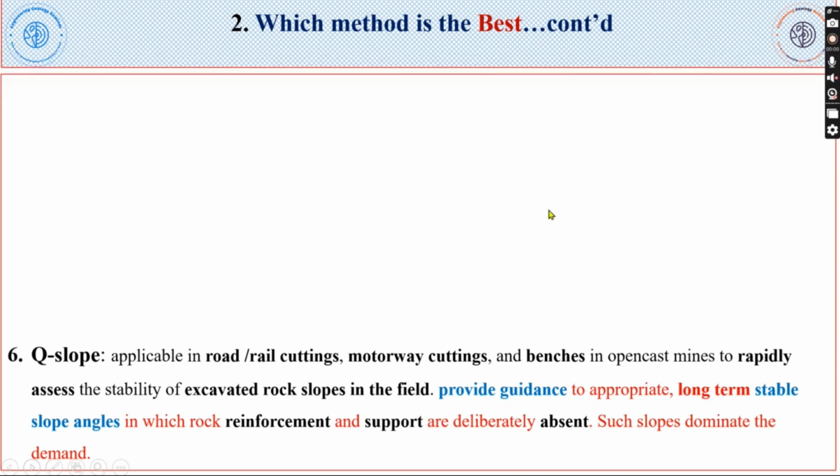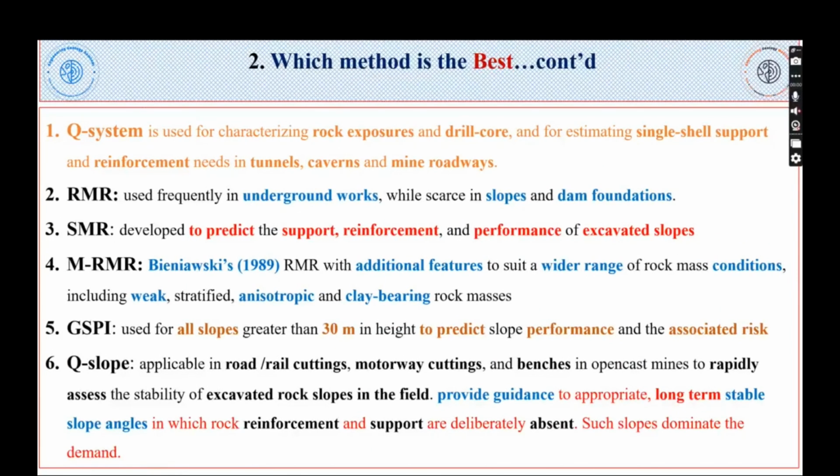When we see all of the methods above, 1 to 5, the problem with using them for rapid assessment of excavated rock slope stability in the field is that all 5 methods will not provide guidance on the long-term stable slope angles for excavated rock slopes.